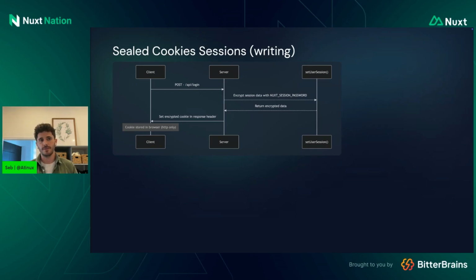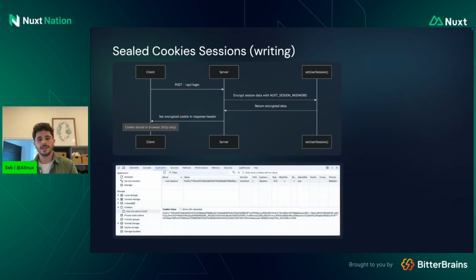And then the client, the browser, will store the cookie as HTTP only. By opening the Chrome DevTools, we can see our sealed cookie with the nuxt-session name. We can also see here that it's HTTP only, SameSite is Lax, and in production, as most websites run with HTTPS, it's also secure.